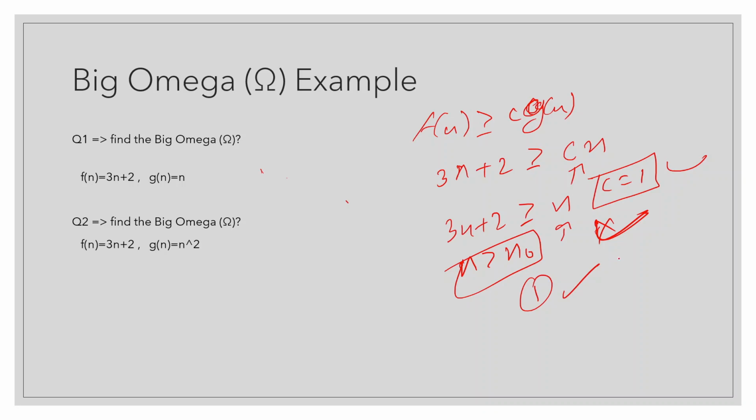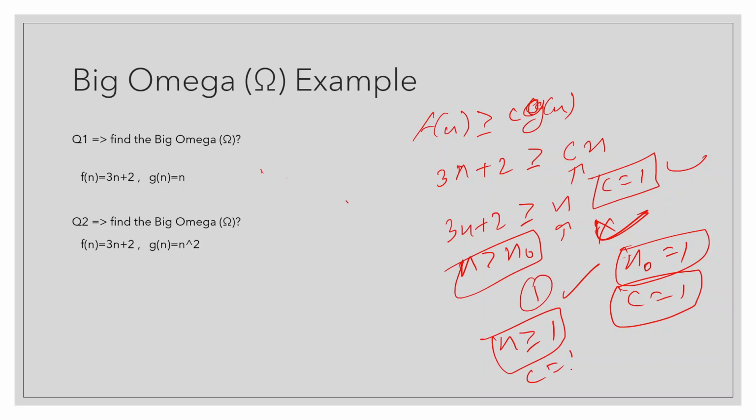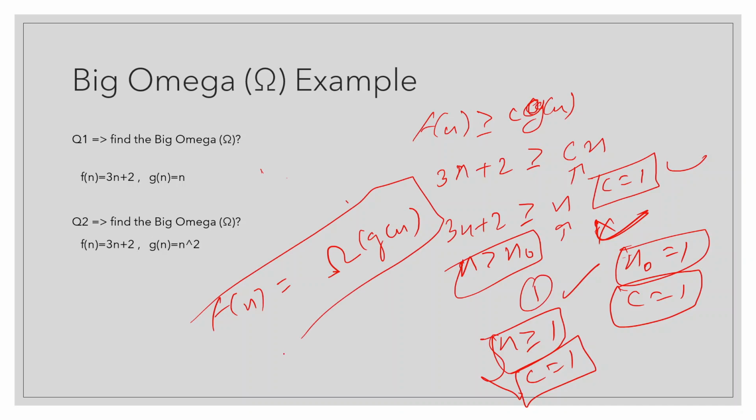So for n0 is equal to 1, c is equal to 1, n is greater than or equal to 1. For this condition we can say f(n) is equal to omega of g(n). So the first condition is satisfied.